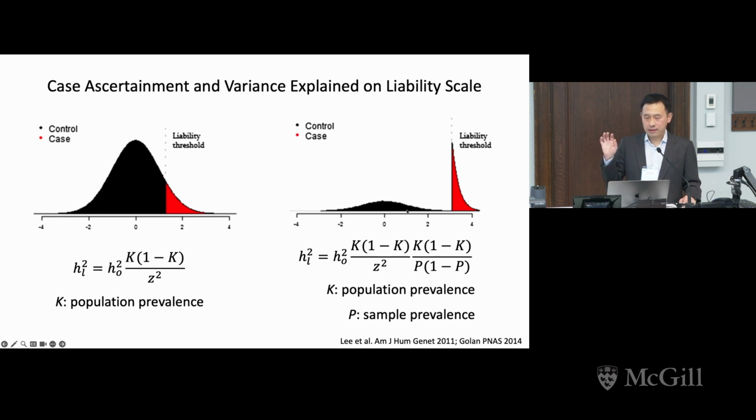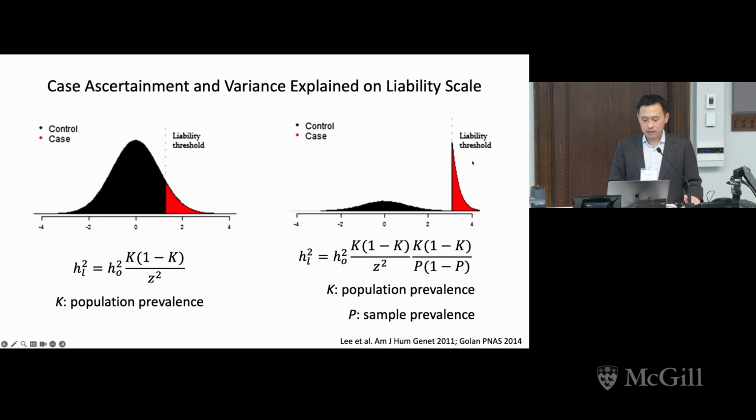But if you have ascertained case-control with 50% of the sample as case and 50% as control, you will have an enrichment of the higher-risk part, and fewer of the controls have low genetic liability.